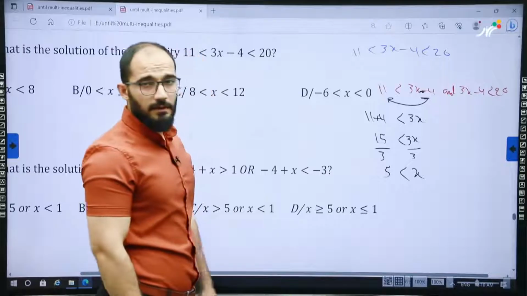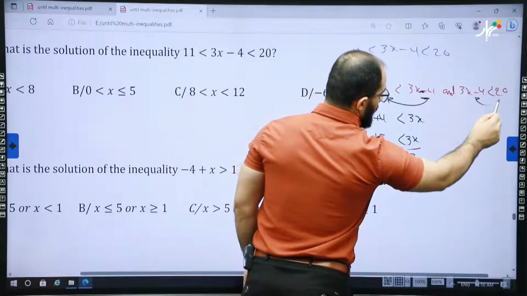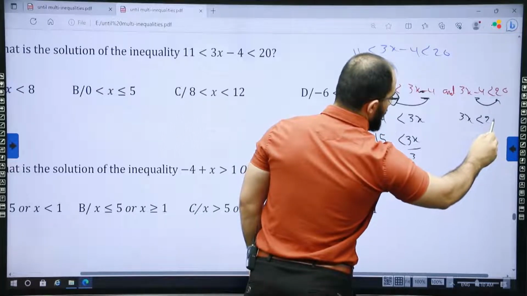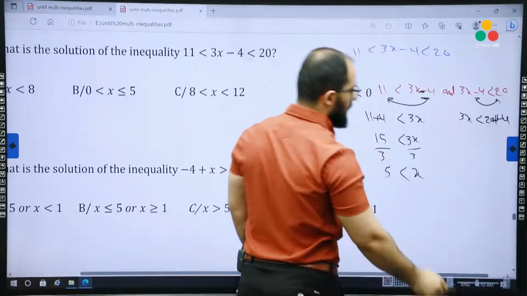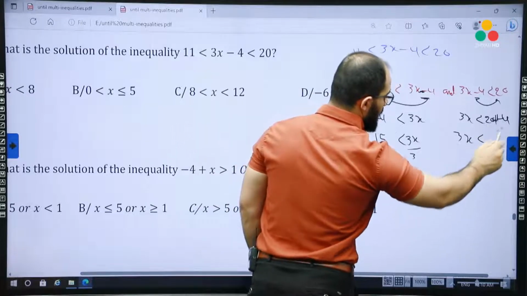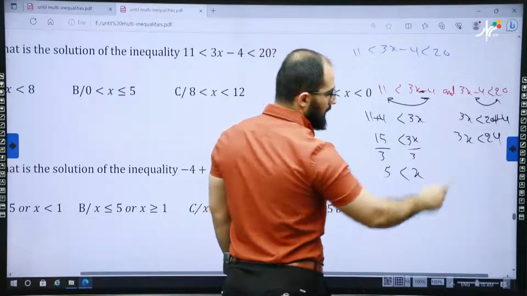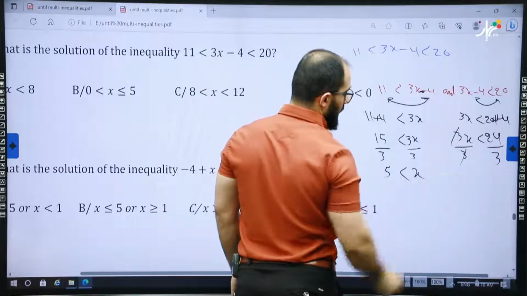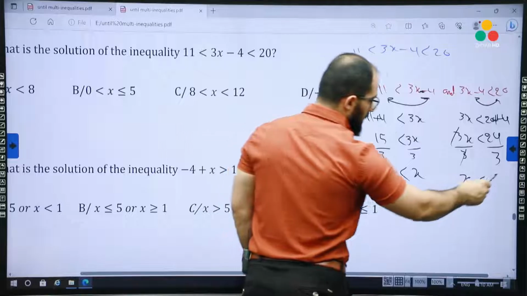This is the left side. For the right side, again, we have negative 4, move it to the other side, so 3x less than 20 plus 4. Then 3x less than 24. Again, we divide by 3, 3 and 3 cancel. X less than 24 divided by 3 is 8.